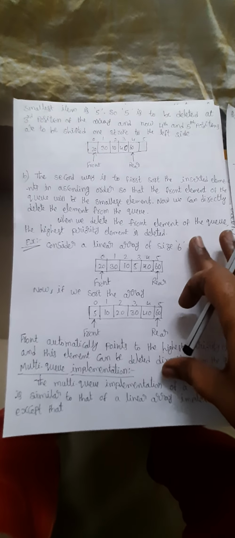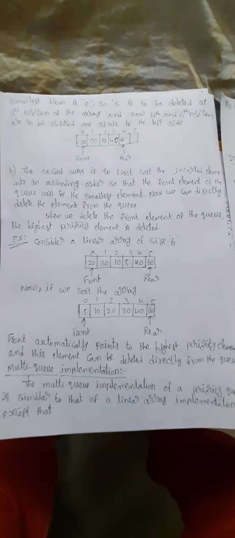After finding it, in this example the smallest element is 5, so 5 will be deleted, which is located in the third position of the array, and then the next priority will be given to the fourth and fifth positions, and those will be shifted one to the left side.